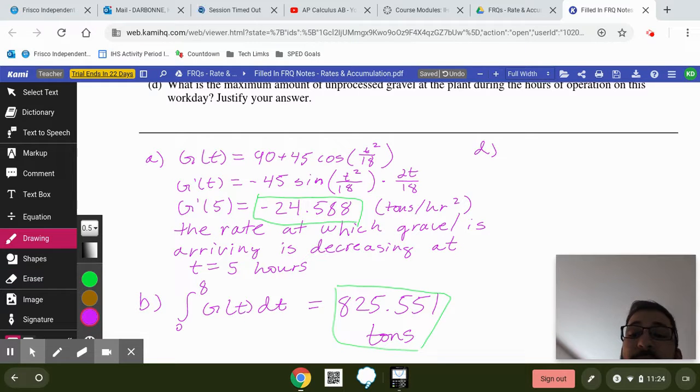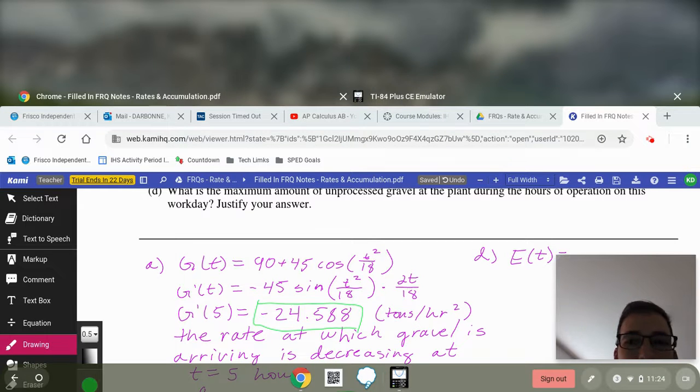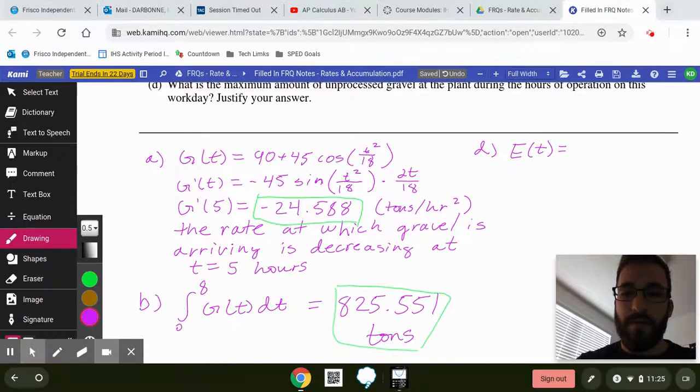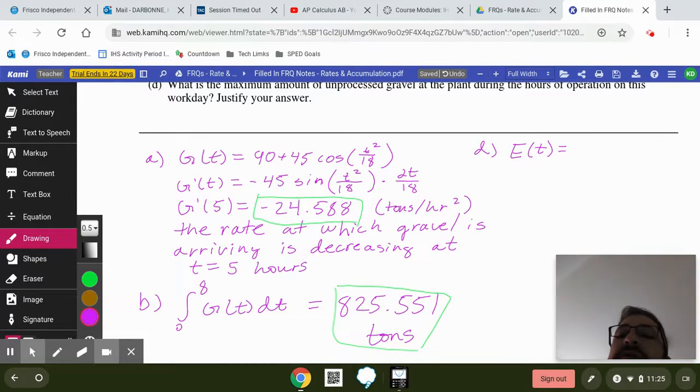So for part D, I'm going to call it E for everything. So my E of t, my function that represents everything that's in the plant, I have to include the 500. Then I have to include the total amount, considering what's coming in and what's being processed.